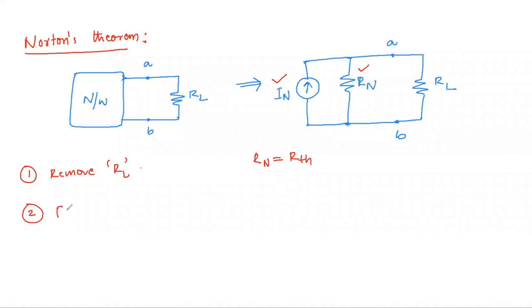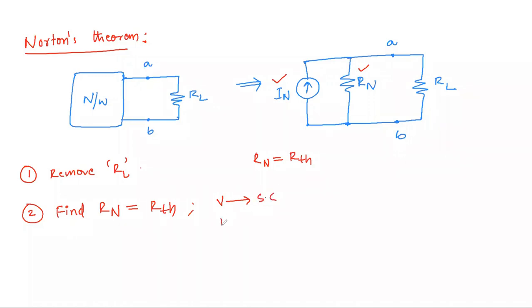So find Rn, which is nothing but RTH. How do you find RTH? The same way. Okay, so what you have to do? Open circuit. If you have any voltage sources, short circuit.